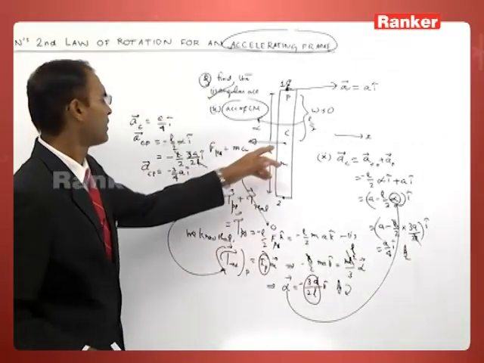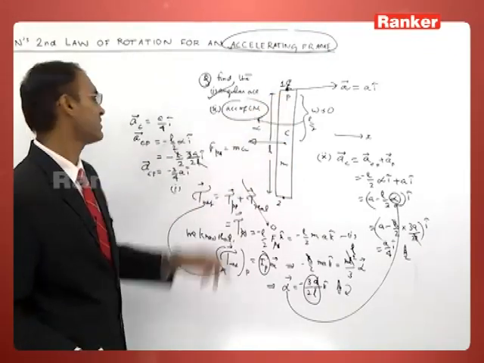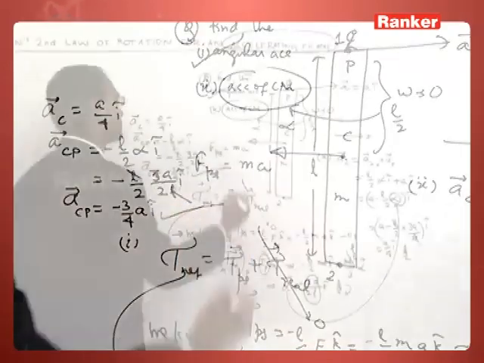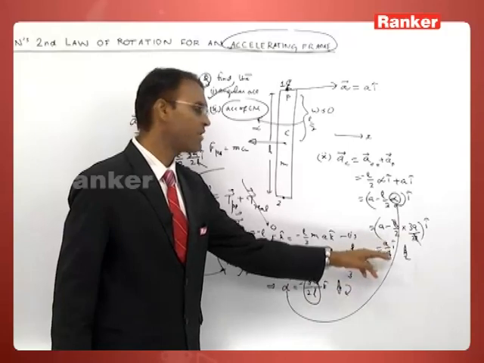Acceleration of the center of mass with respect to the pivot is this much. Acceleration of the center of mass with respect to ground is equal to A by 4 i cap.